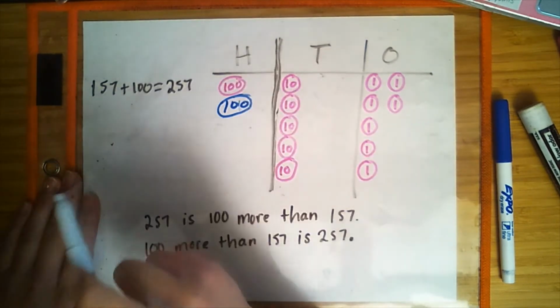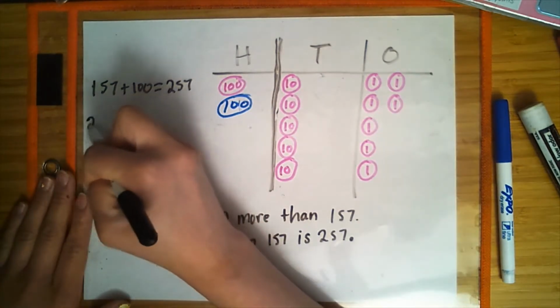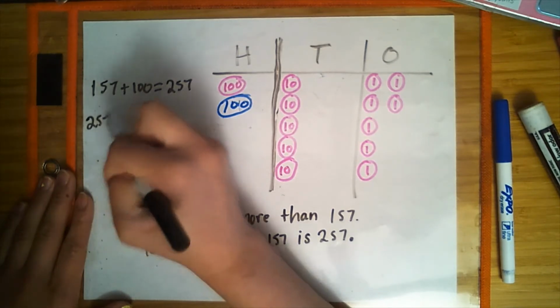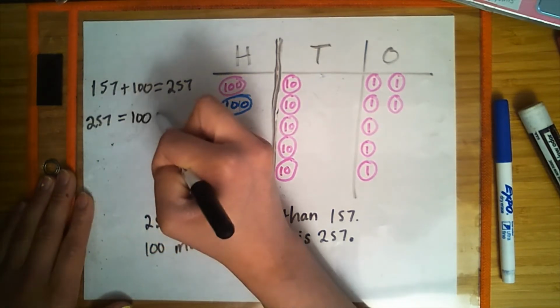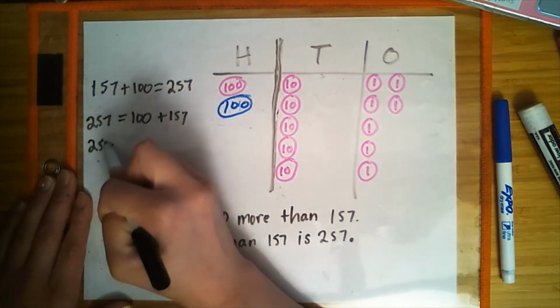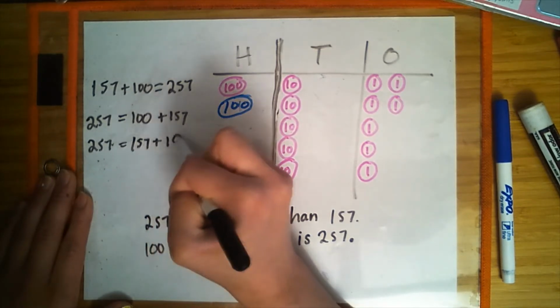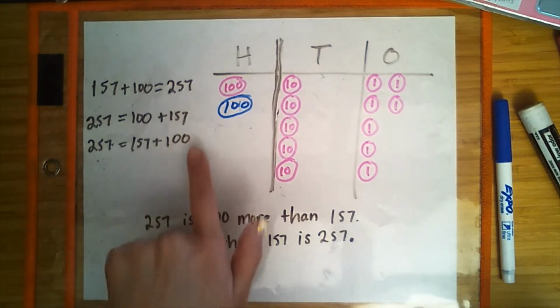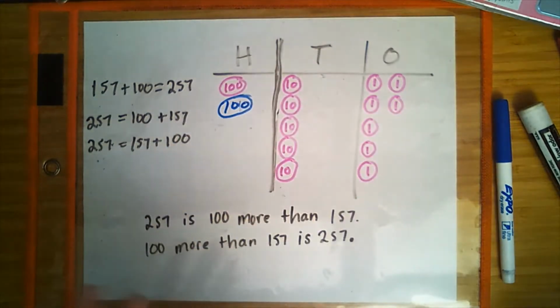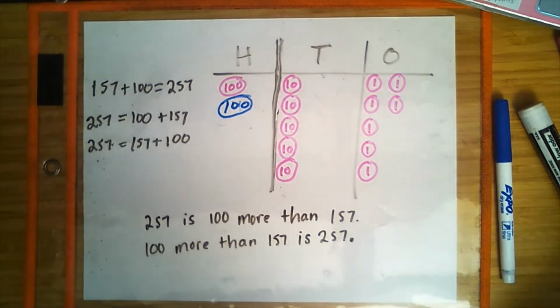Now let's write more addition number sentences starting with 257. 257 equals 100 plus 157. 257 equals 157 plus 100. And you'll notice that our addends or our parts switched, and that's possible because we can use the commutative property in addition, and that property is only valid and true in addition.